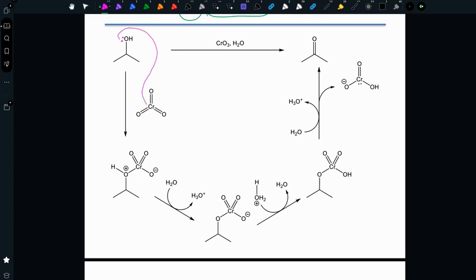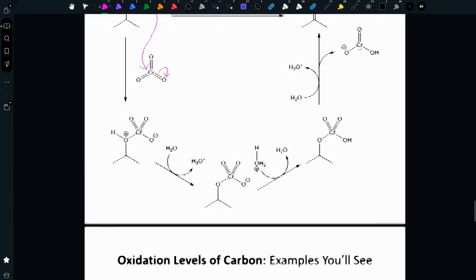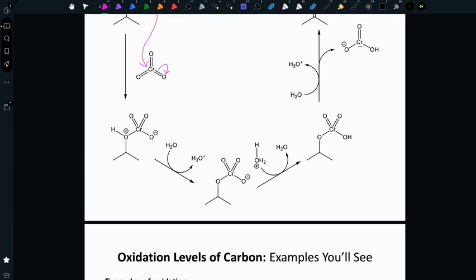Oxygen has the electrons to do that, so it's going to share the electrons with chromium. That's going to make that oxygen-chromium bond. Then I see I have an extra hydrogen, an extra proton that I'm going to need to remove. So I'm going to deprotonate that intermediate. And in the next step, I'm going to protonate the oxygen on the other side.